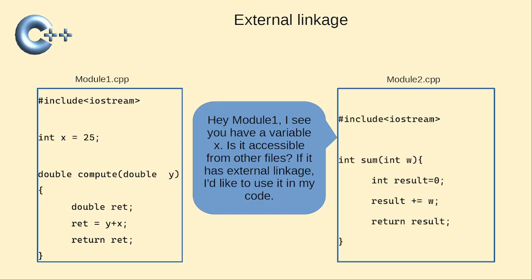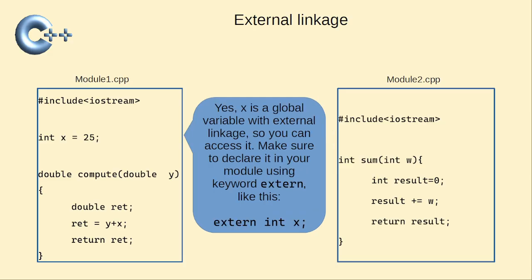If it has external linkage, I would like to use it in my code. Then module 1 replies, yes, x is a global variable with external linkage, so you can access it. Make sure to declare it in your module using the keyword extern like this: extern int x.